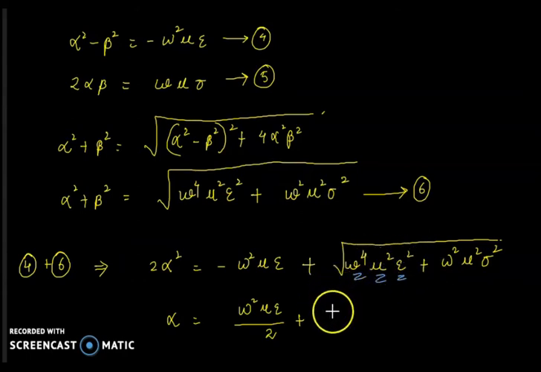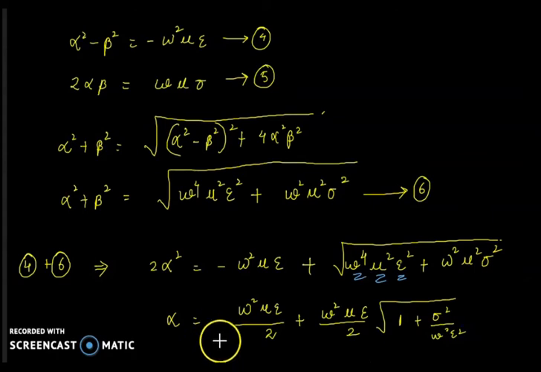So this becomes omega square mu epsilon all divided by 2 is equal to square root of 1 plus sigma square by omega square and epsilon square. Now you take the square root of the entire function.